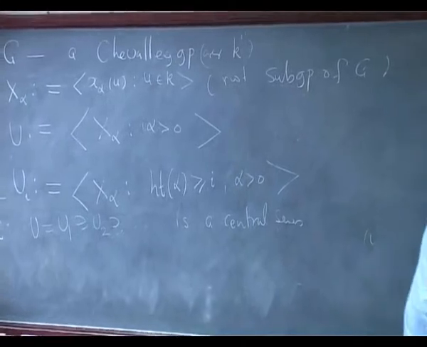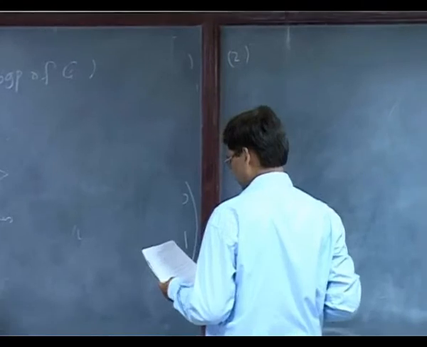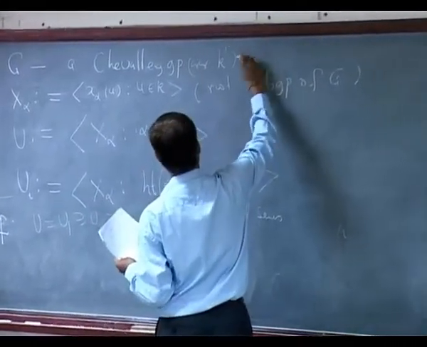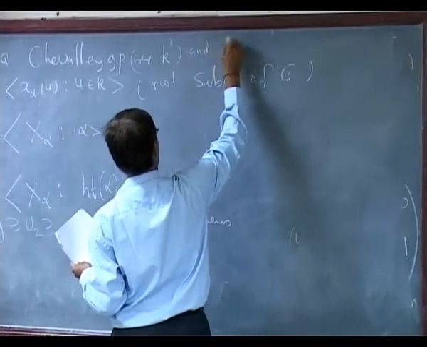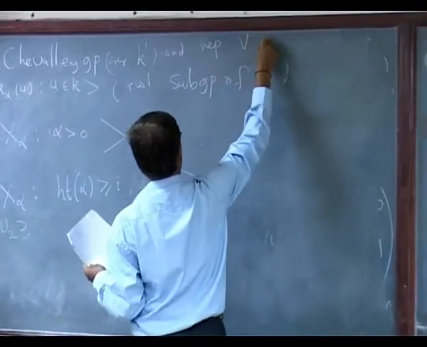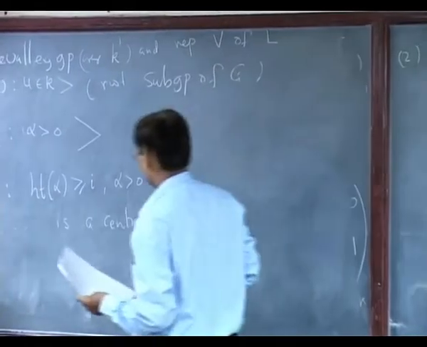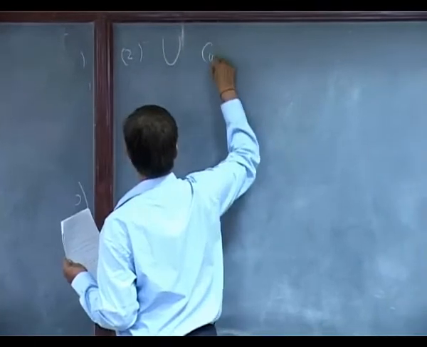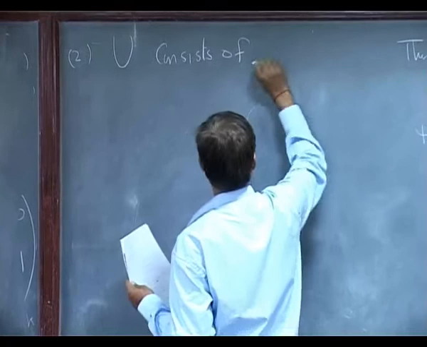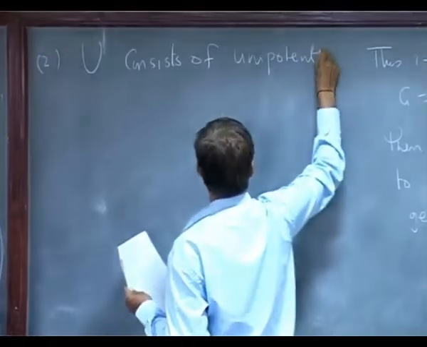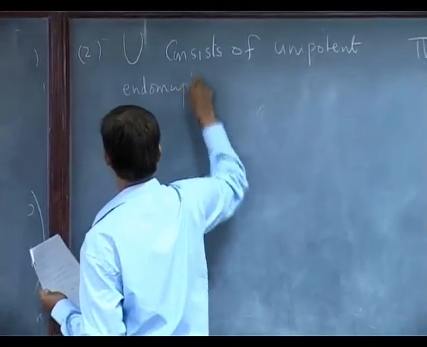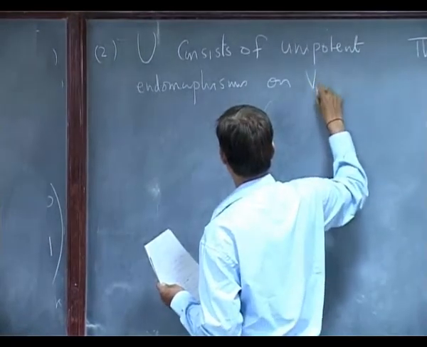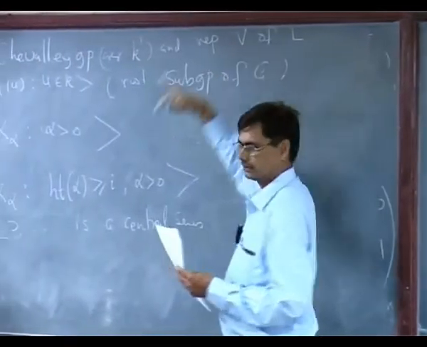The second statement says that U consists of unipotent endomorphisms on V_K. What is V? V is over K, a representation V of L. Vk means you have taken a lattice inside M and tensored with K.